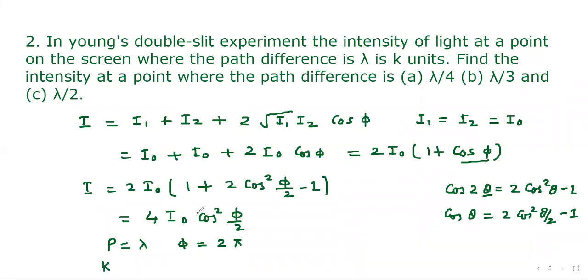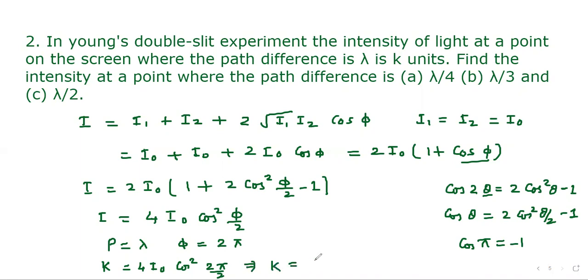So k equal to 4 I0 times cos square 2 pi divided by 2, because it is phi by 2. So divided by 2 will become cos square pi, and cos pi equals minus 1. So cos square pi will give 1.